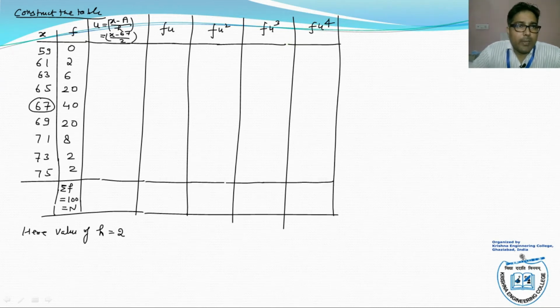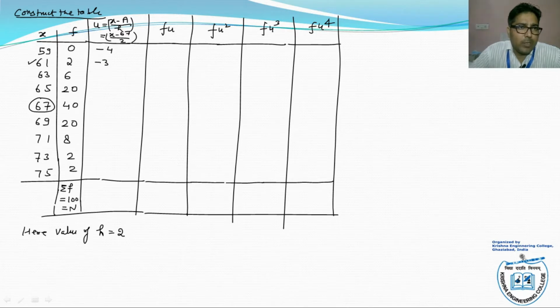Clear? If x is equal to 59, then u is equal to 59 minus 67 divided by 2. This is minus 8 divided by 2. This becomes minus 4. The value of u corresponding to 61 becomes minus 3.